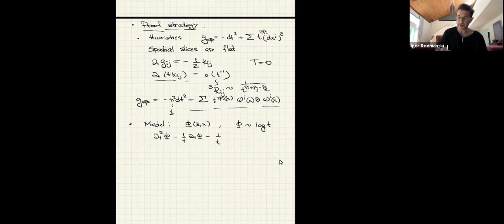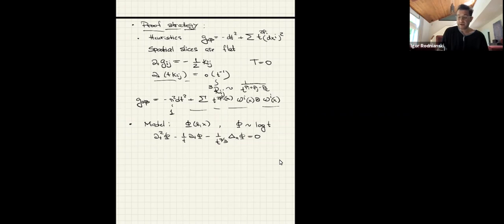So this is a wave equation, with a Laplacian in x of phi equal to 0. In fact, it's not too difficult to see that what is written here is nothing else but the wave equation for the scalar field on the background given by the metric g, which is simply the isotropic and homogeneous metric.